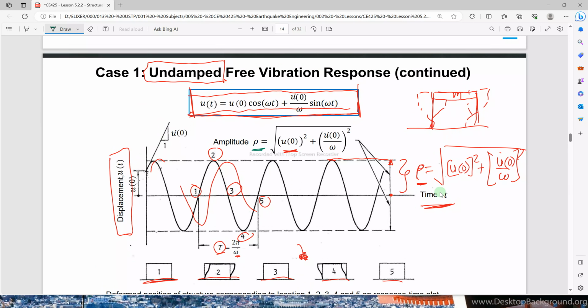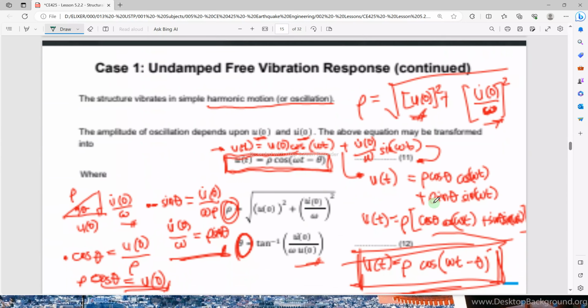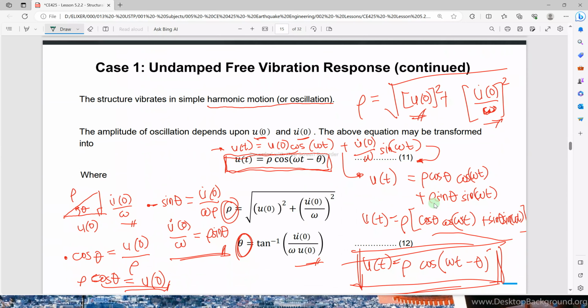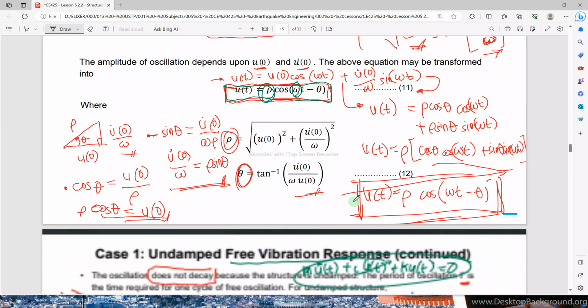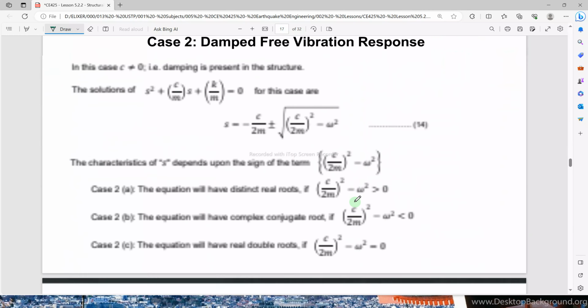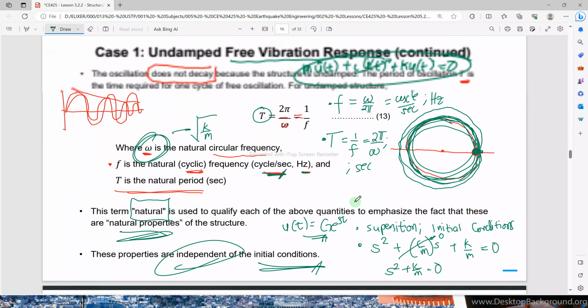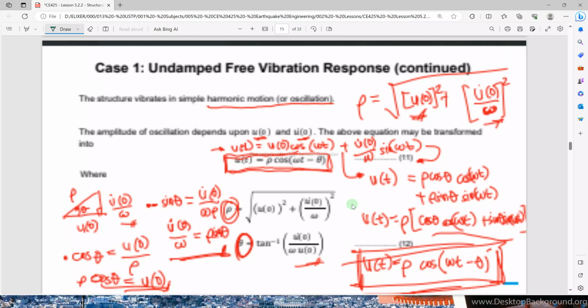That is the square root of the square of the initial displacement plus the square of the initial velocity divided by the structure's natural circular frequency. By manipulation of our u of t, we relate u of t with the amplitude of the structure and its natural frequency omega, and eventually we arrive at this formula.